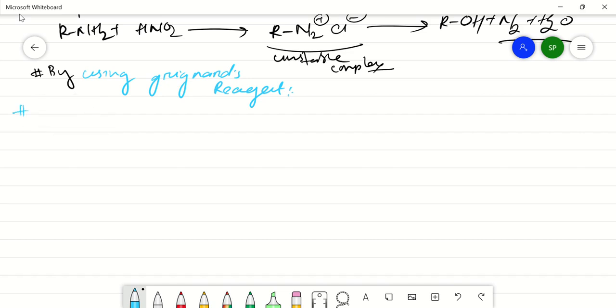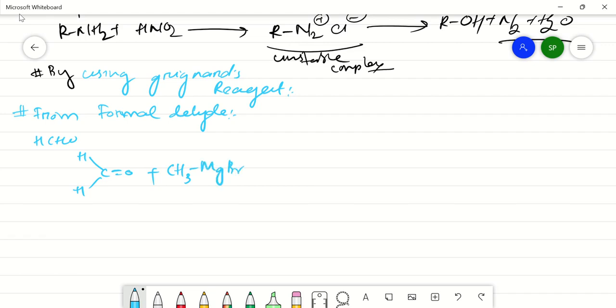First of all, from formaldehyde. The formula of formaldehyde is HCHO. If we react it with one Grignard reagent, let us consider CH3MgBr.